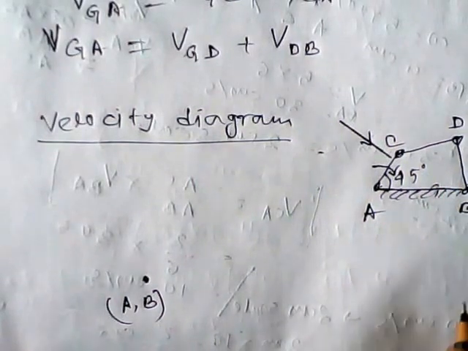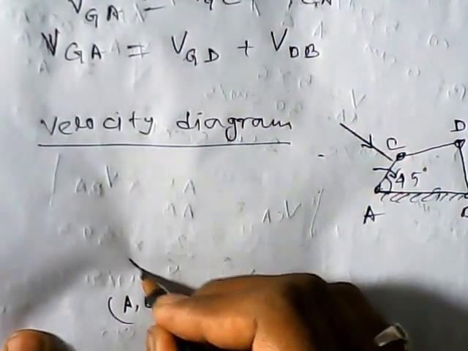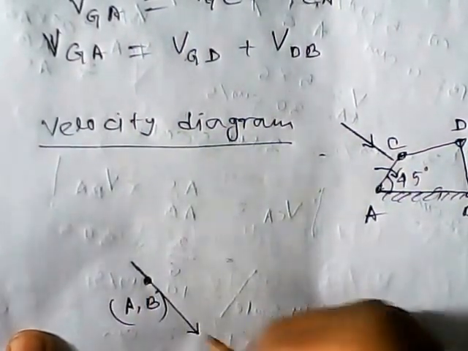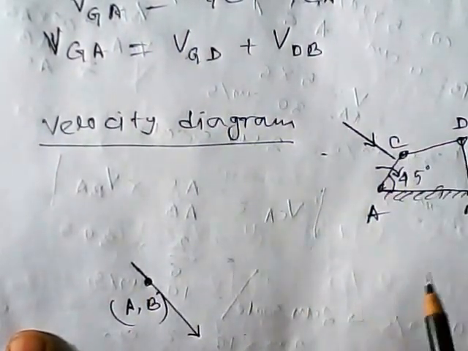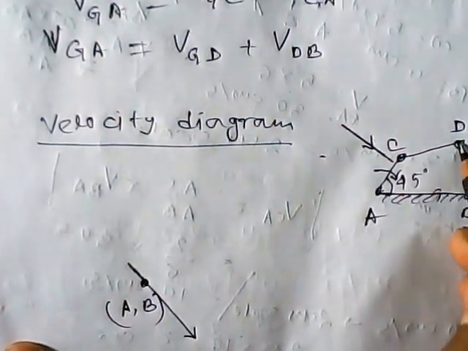Velocity of C with respect to A is passing through point A. So I draw a parallel line of the velocity direction, or a perpendicular line to link AC.